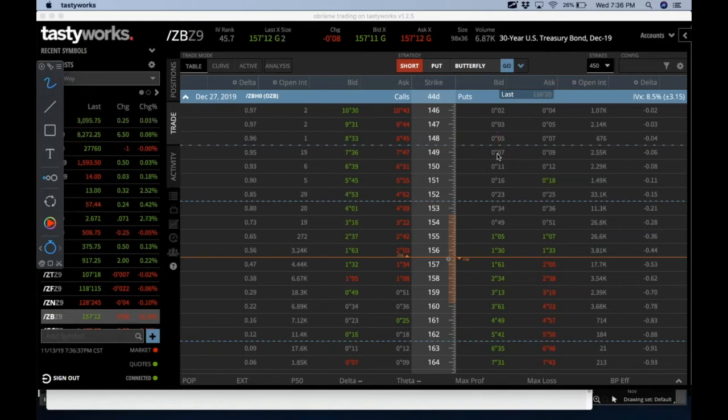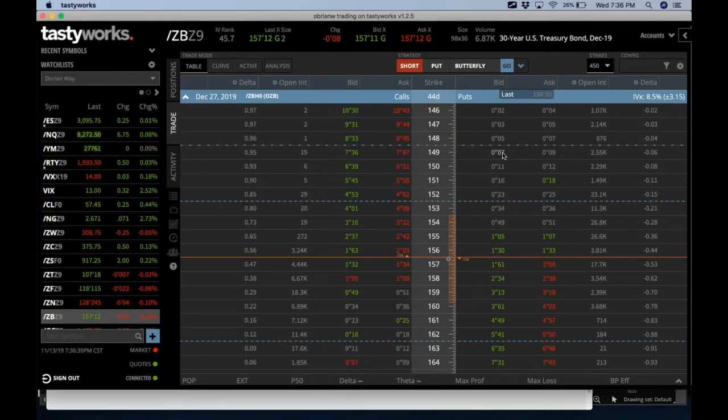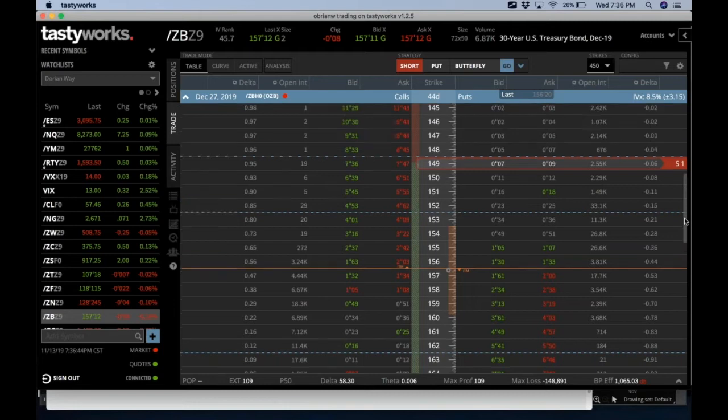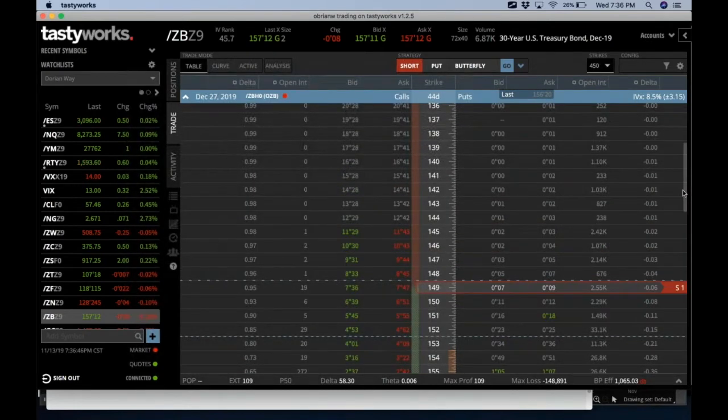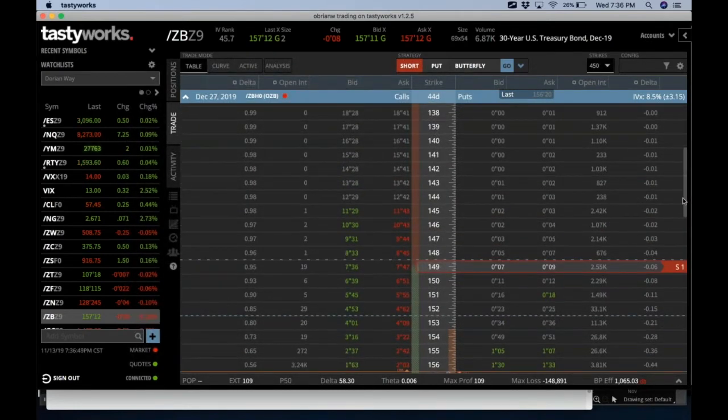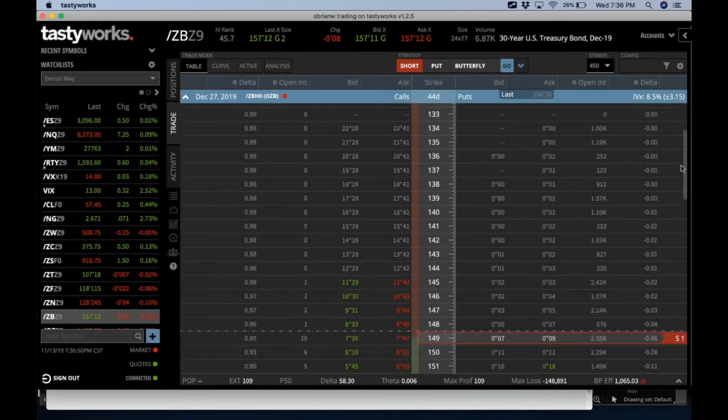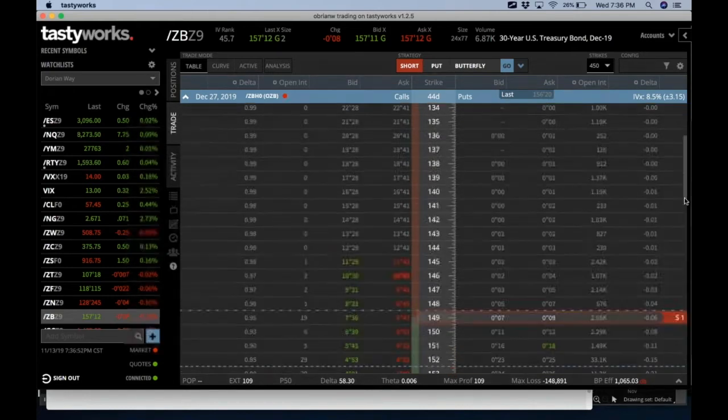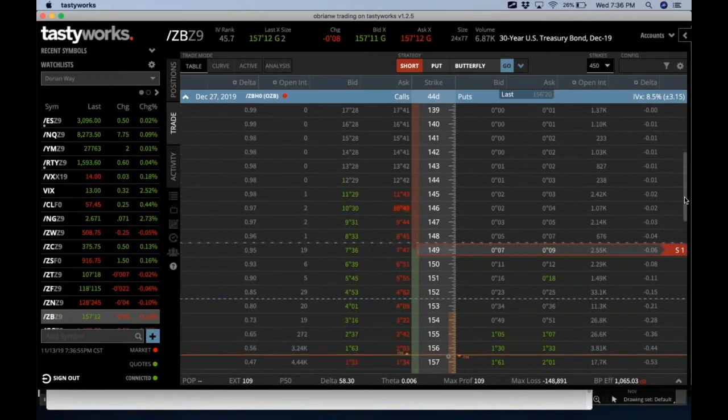Let's sell the 149 here, and we would not do 100 points wide. We wouldn't go to the 49. That's just way too big. We wouldn't do a 50 point wide.